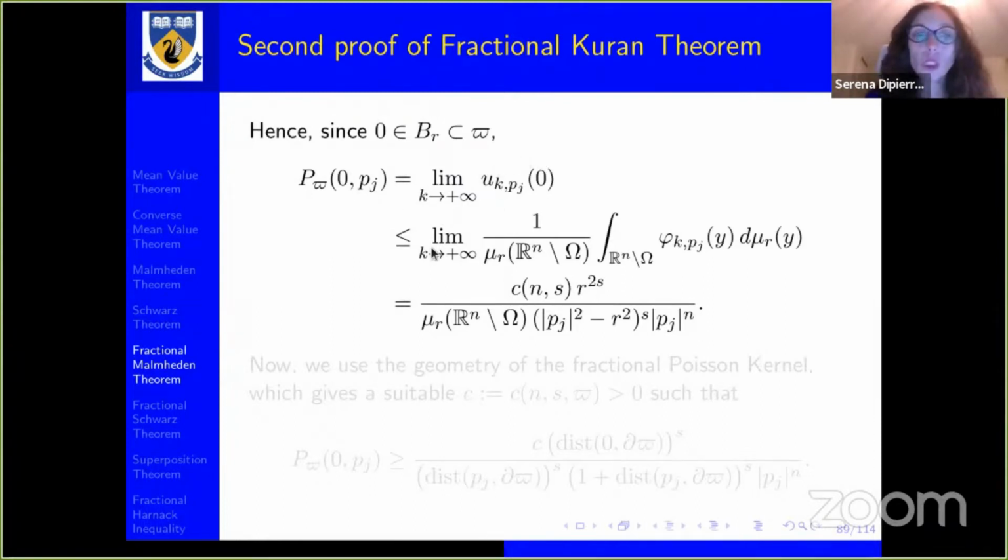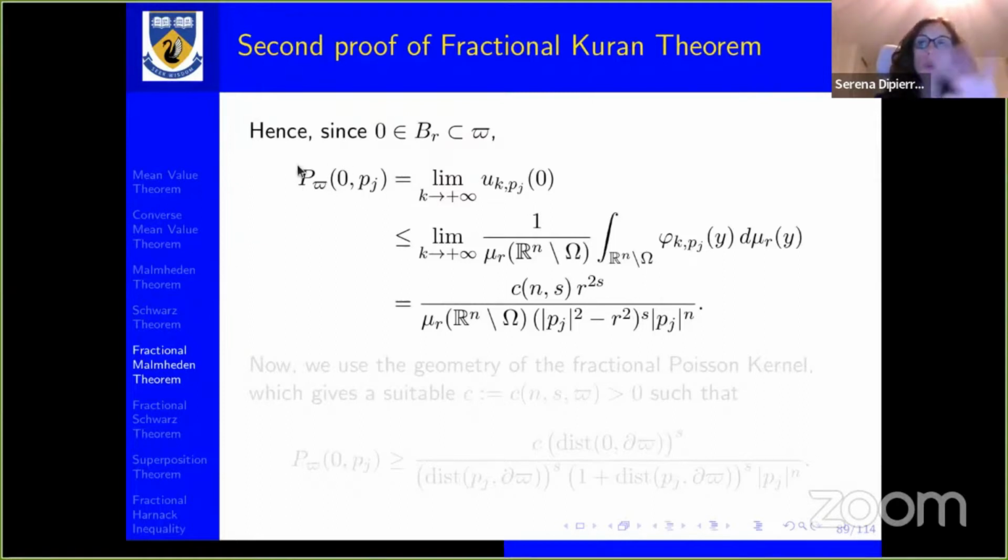This one here, we just proved, is below this average. And now I can send K to infinity. And if I send K to infinity, again, this phi, the modifier here, will converge to the Dirac delta. So what I have here is nothing but basically this integral in d mu r y, evaluated at Pj. Okay, and now you see where I'm going.